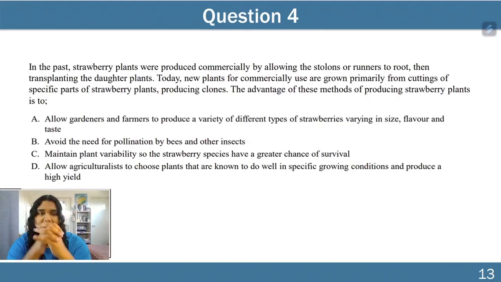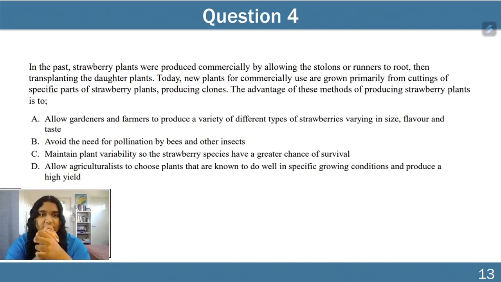All right, question 4. In the past, strawberry plants were produced commercially by allowing the stolons or runners to root and then transplanting the daughter plants. Today, new plants for commercial use are grown primarily from the cuttings of specific parts of strawberry plants, producing clones. The advantage of these methods of producing strawberry plants is to A, allow gardeners and farmers to produce a variety of different types of strawberries varying in size, flavor, and taste.